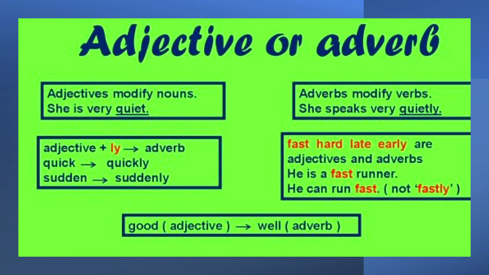And please remember, there is no word called fastly, okay? Now similarly, sometimes adjectives completely change. Like good becomes well. If I say I am good, it is an adjective. But if I say I sing well, then the adverb is well.